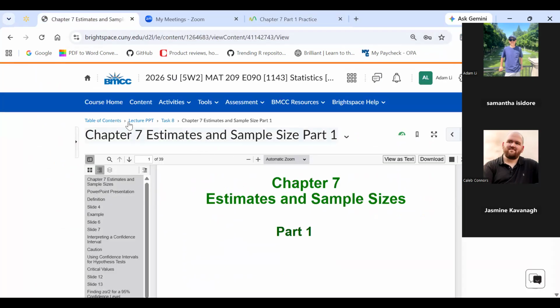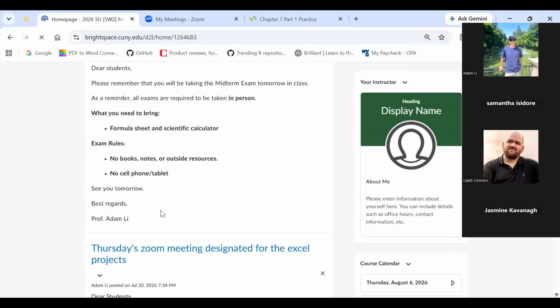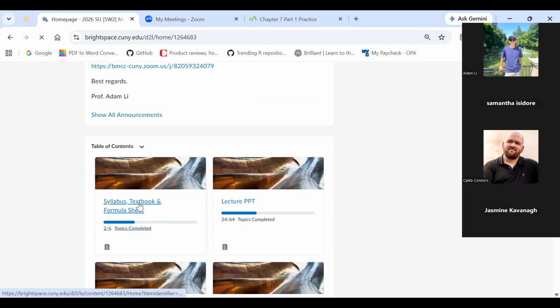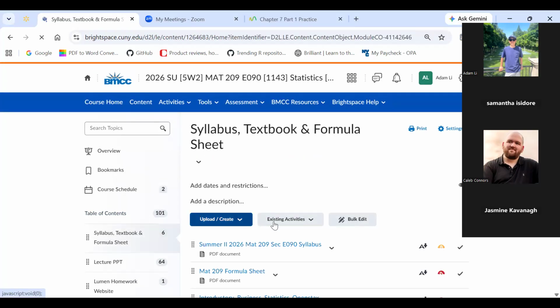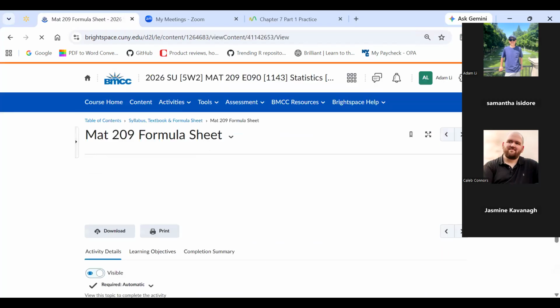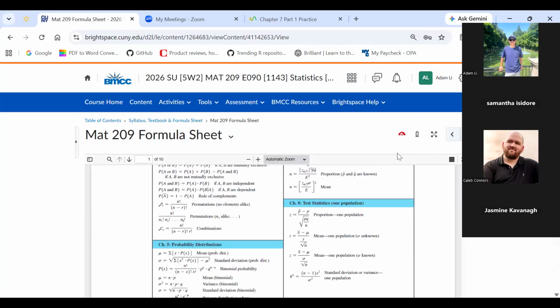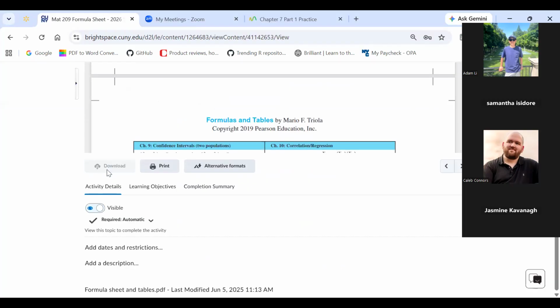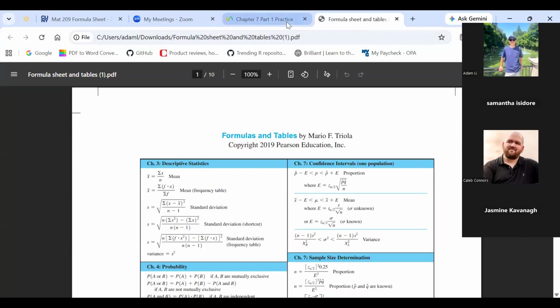Maybe let me just open my formula sheet. I'll give you a couple minutes and then you can try this. Just open it on the side.